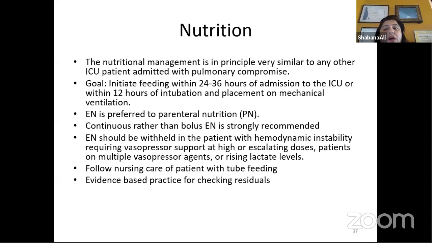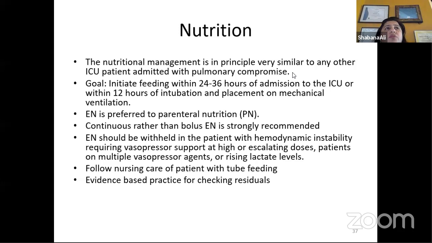It is also recommended that we give it as a continuous rate, not like a bolus, like just giving 250 cc in 2 hours, then another 250 in another 2 hours. Instead of bolus feeding, it's best practice to do trickle feeding, maybe 10 or 15 cc per hour, then go to 20, and you see if the patient is tolerating, there is no issue, the patient is hemodynamically stable, go ahead.